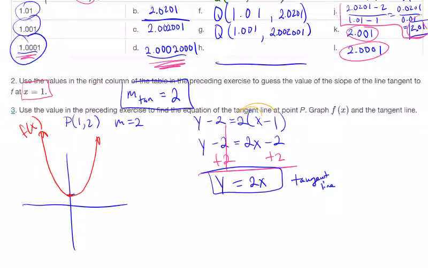All right, and then now we can graph this function here, y equals 2x. So here the y-intercept is 0, plus 0, so it's going to cross through right here. And then it has a slope of 2, so it's going to go up 2 and over 1. So it'll look like that.